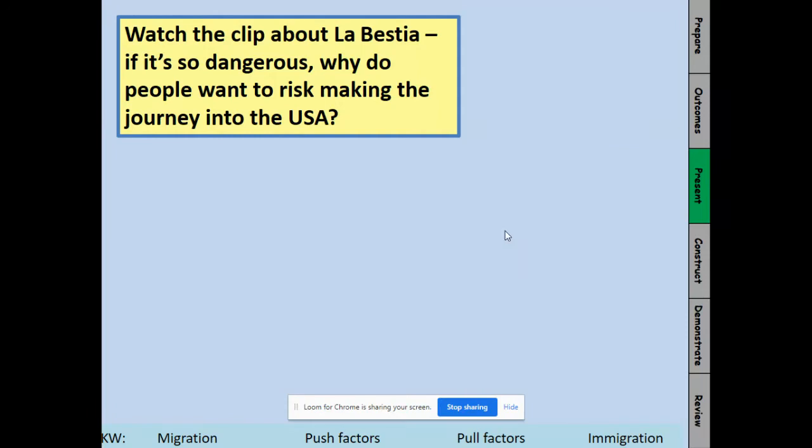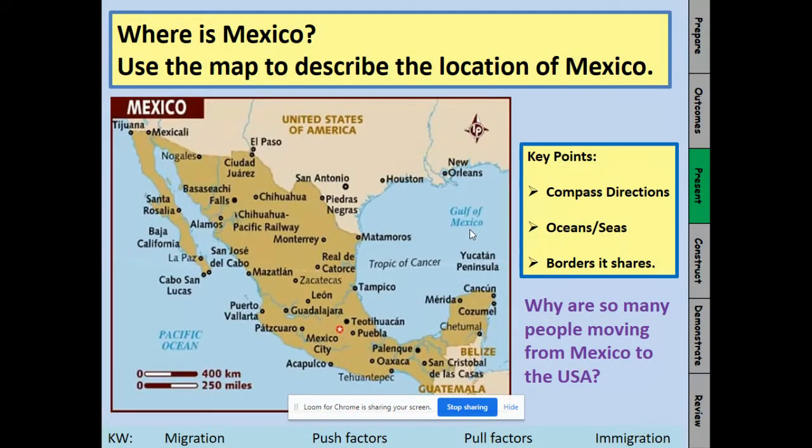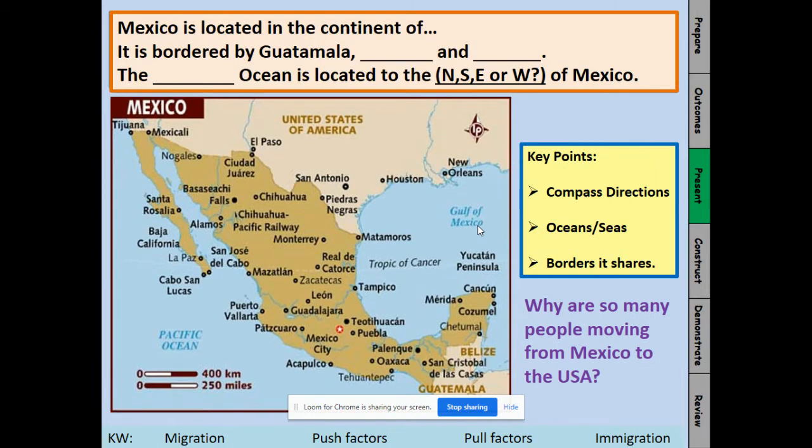Okay. After that, we are not going to do our 476th geographical description of a place, but just think about how you would answer it, using those compass points, oceans and seas, and borders it shares. Something like: Mexico is located in the continent of North America, is bordered by Guatemala, Belize, and the USA.